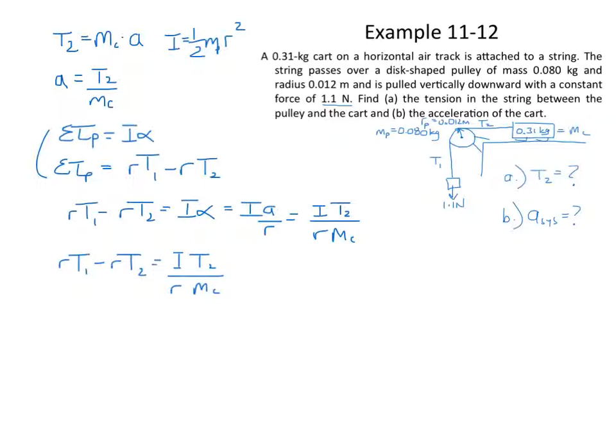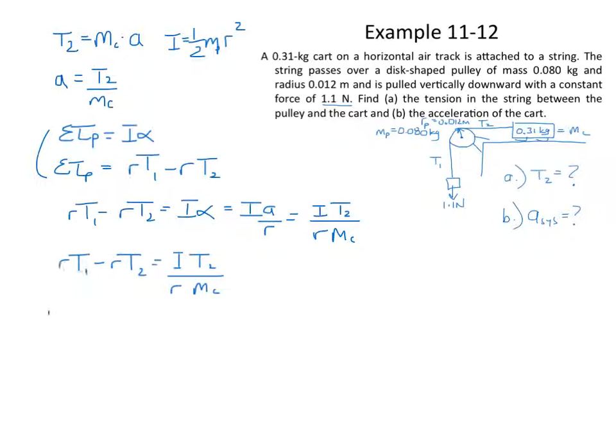Well, our problem is that we'd love to be able to maybe add this T2 over to that side and somehow factor it out, but it's multiplied by this R here and subtracted from this R times T1. Let's take care of that R, because I see an R in the denominator right here, and there's also going to be an R in here as well. So let's work on getting this T2 separated out. Let's take that R and factor it out.